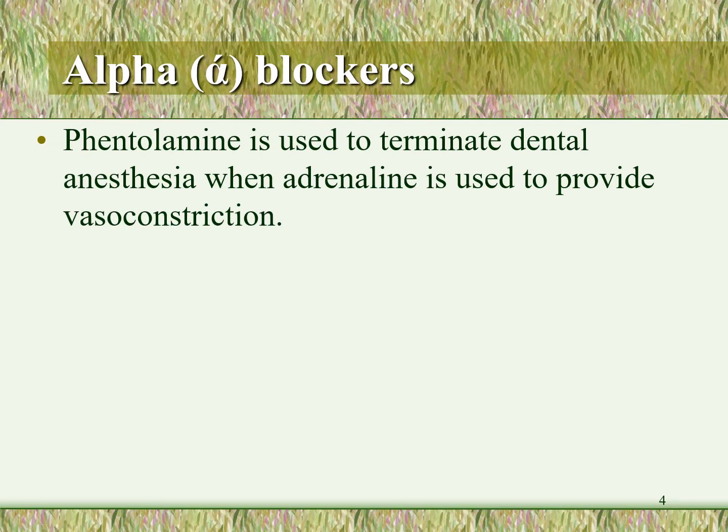Phentolamine is used to terminate dental anesthesia when adrenaline is used to provide vasoconstriction. This is because phentolamine, the non-selective alpha blocker, can block the alpha 1 receptor. As we know from the previous lecture on the adrenergic agonist, one of the clinical uses of adrenaline is to prolong the effect of the local anesthetic through providing vasoconstriction. So it decreases the blood supply and decreases the clearance of the local anesthetic through systemic absorption.